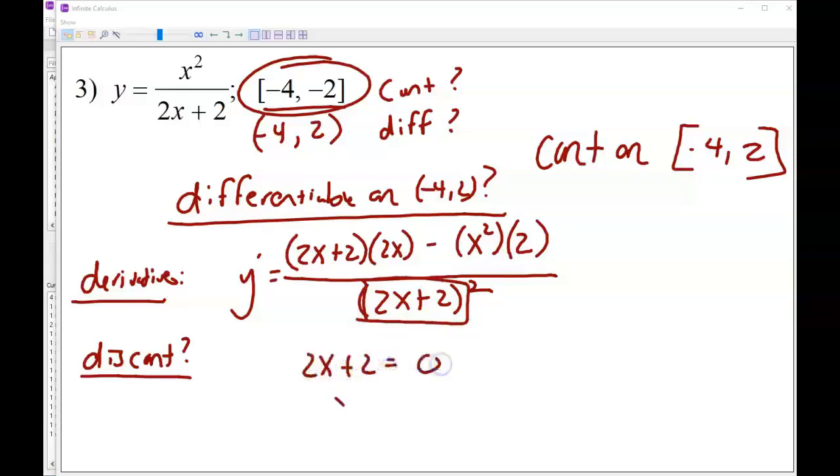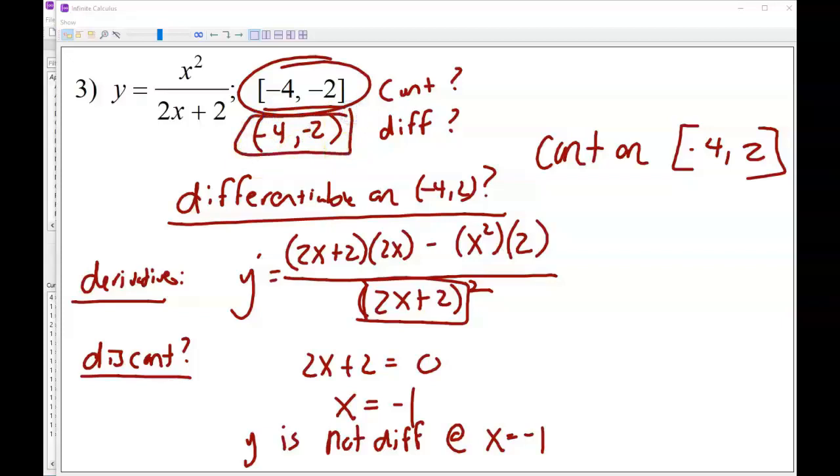And we already solved this earlier. We found that that means that x cannot equal -1. So not only is the original function not continuous at -1, but the derivative's not continuous at -1, which means that the function is not differentiable at -1. But once again, is that on the interval that we care about?